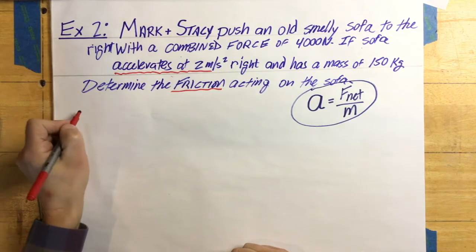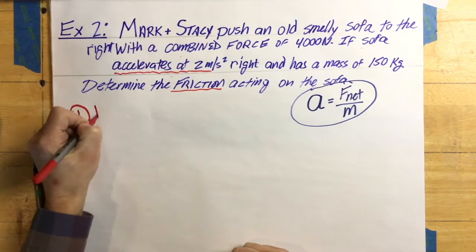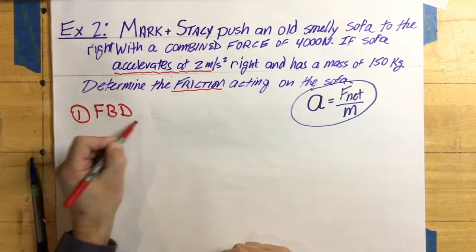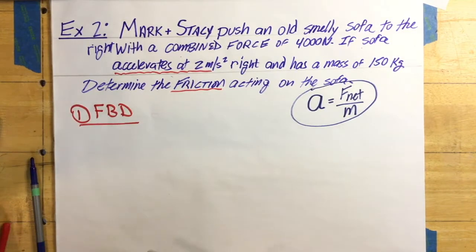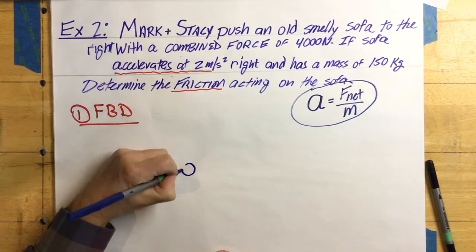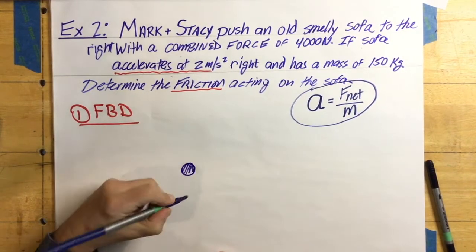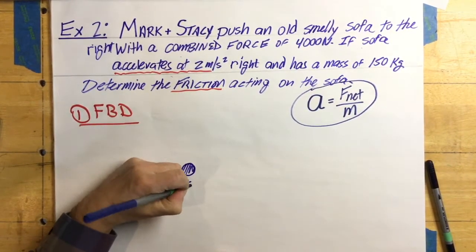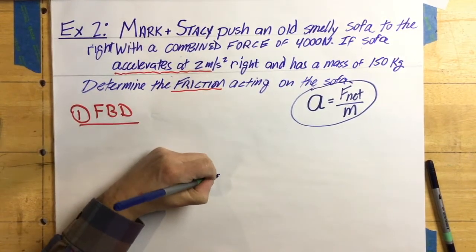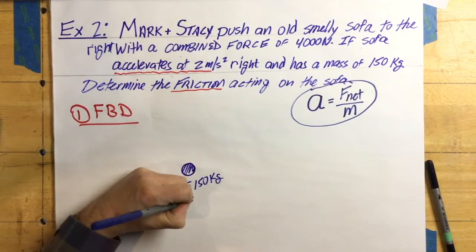with my free body diagram. Free body diagram or force diagram. So again, we'll stay with the boring convention of having the dot represent the sofa. Let's see, this is a 150 kg sofa, and I know the acceleration.